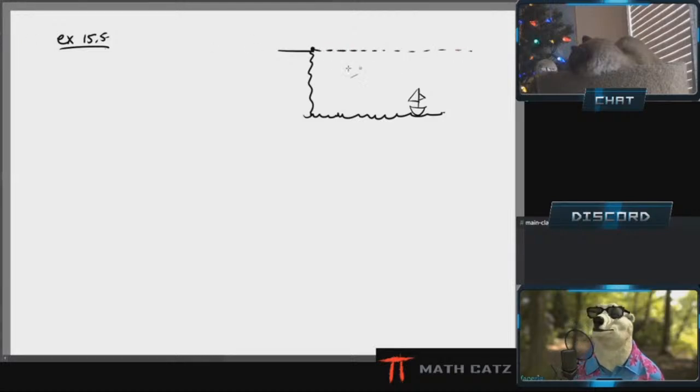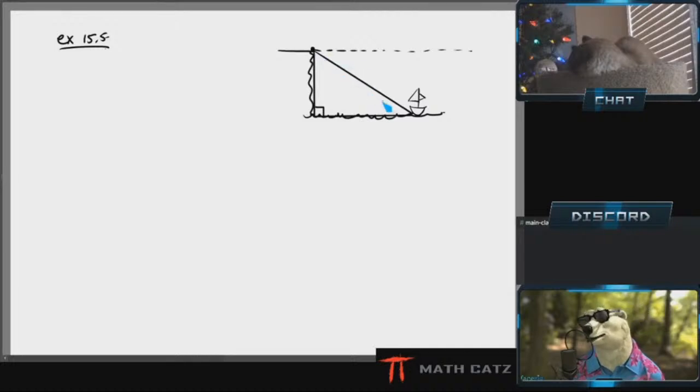And I am measuring from the horizontal, a line to the boat, like so. So then, of course, I have a vertical line and a line along the water, and there is my triangle, a right angle triangle.